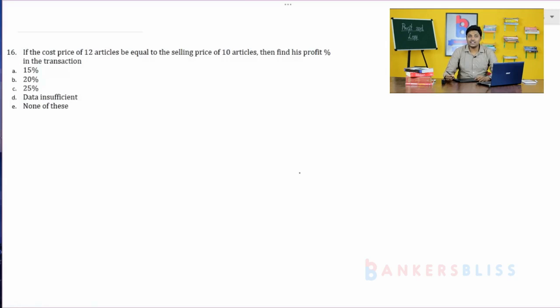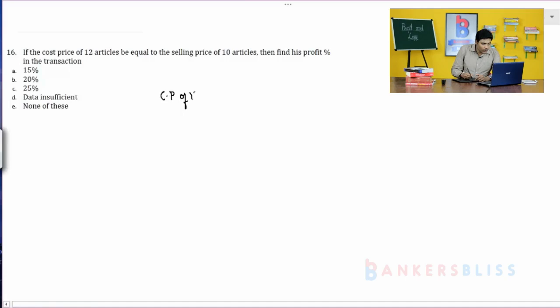The cost price and the selling price were different. But here, the cost price of 12 articles is equal to the selling price of 10 articles, so the number of units being sold is different.